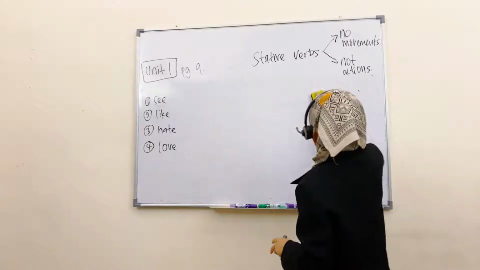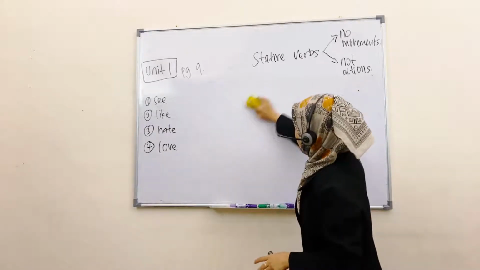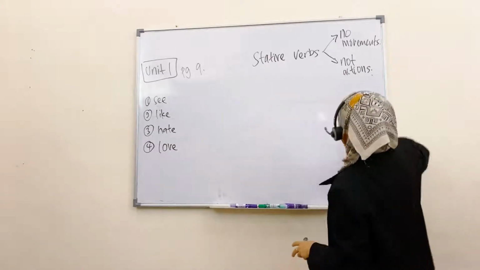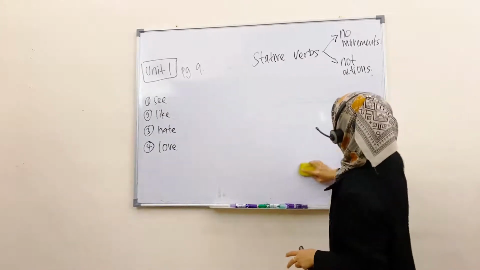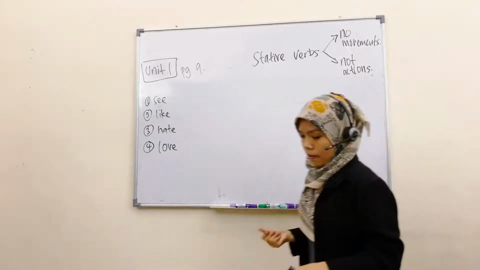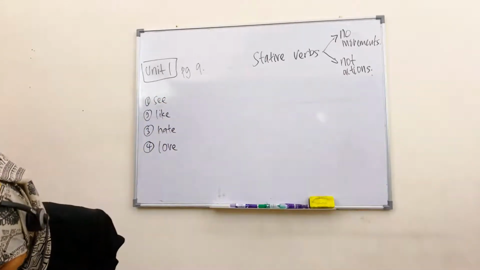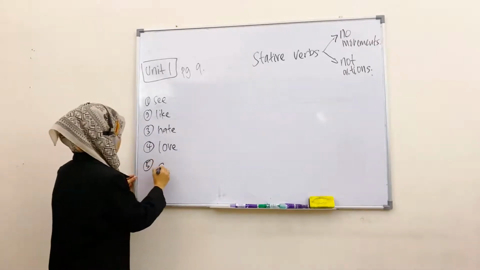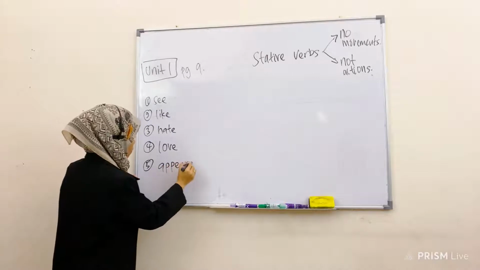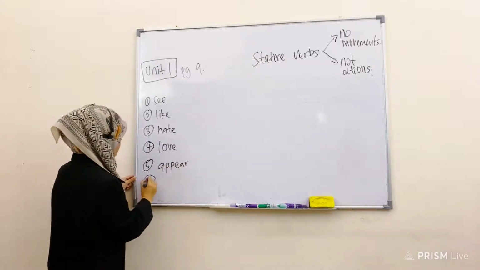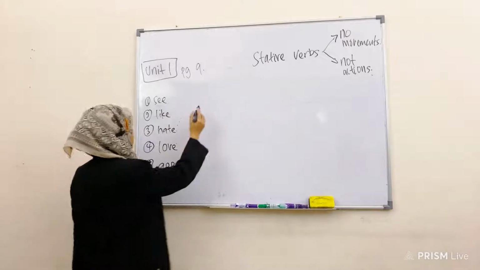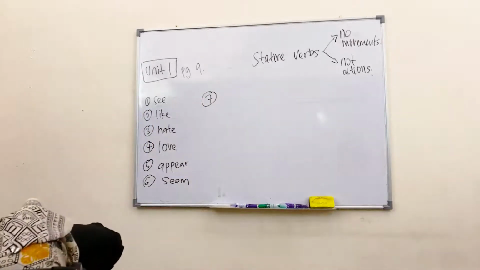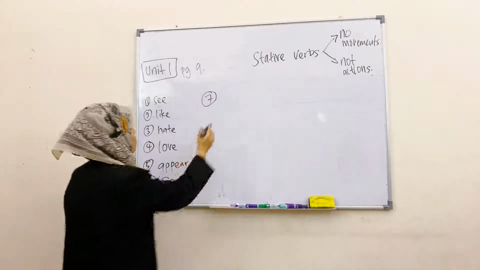Actually, there are a lot of static verbs. That means erase it first. Let me clear the whiteboard. Okay, I will list down examples for static verbs. Yes, appear. We have see. We have next one. We have look.